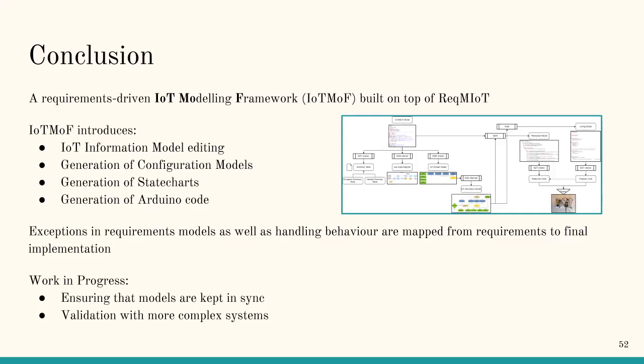We also aim to provide validations with more complex systems. We have tested the platform-independent modeling and platform-specific modeling on previous systems, case studies like the smart fire detection system. But we would like to also test the code generation on more complex systems in the future.